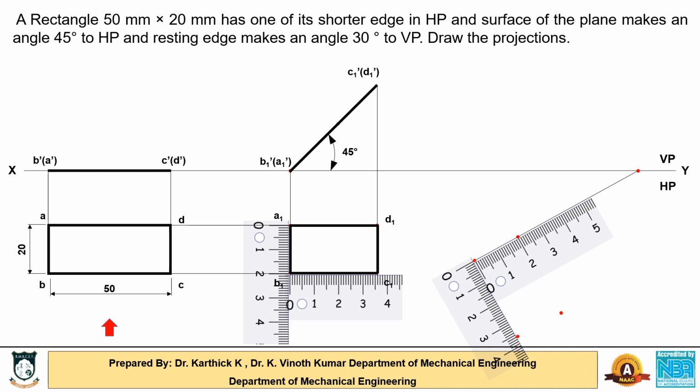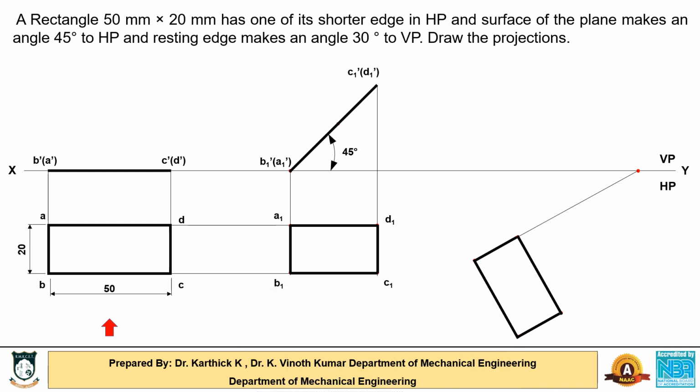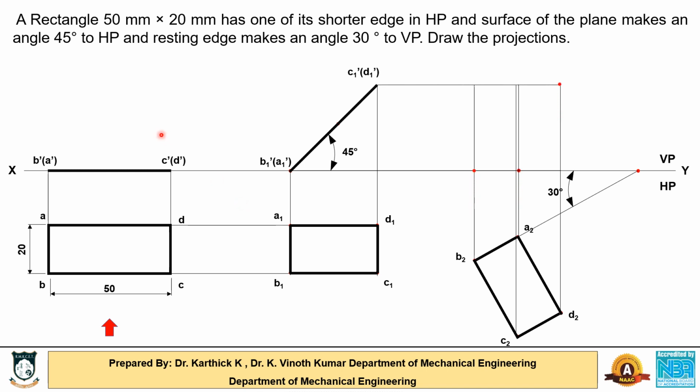So we make that, and then whatever dimension from there, we are marking there. That is, we are making A2, B2, C2 and D2. After that, we are extending the vertical projections from each point, totally 4 points, and then horizontal projections we are extending from our edge inclination.